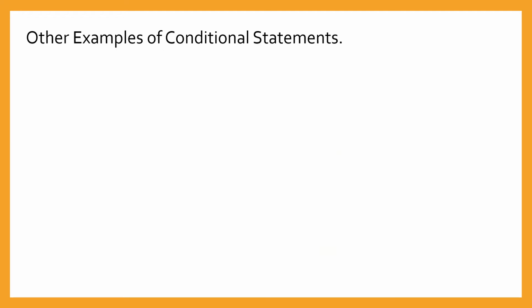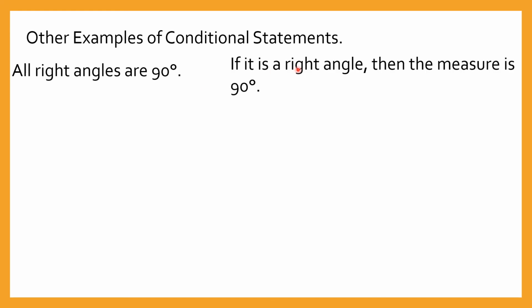Here are other examples of conditional statements that are not in if-then form. But still, we can identify the hypothesis and the conclusion. All right angles are 90 degrees, so it's easy. All right angles, then what? 90 degrees, right? So you can write that if it is a right angle, then the measure is 90 degrees.